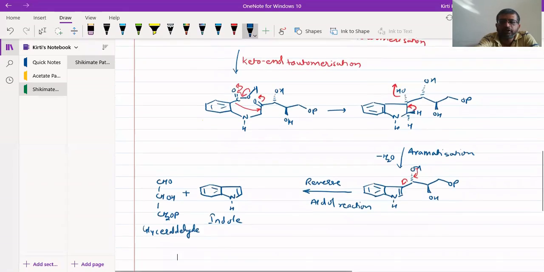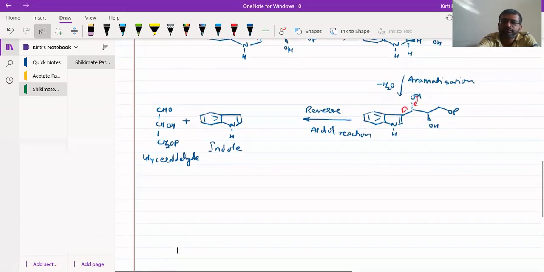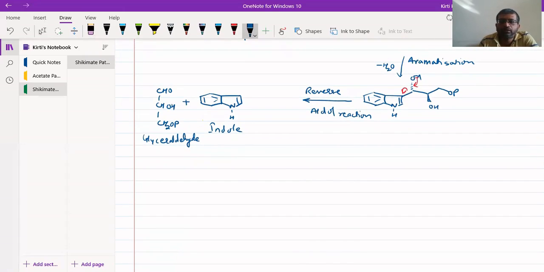This indole moiety then reacts with L-serine, this is L-serine where dotted will be hydrogen.